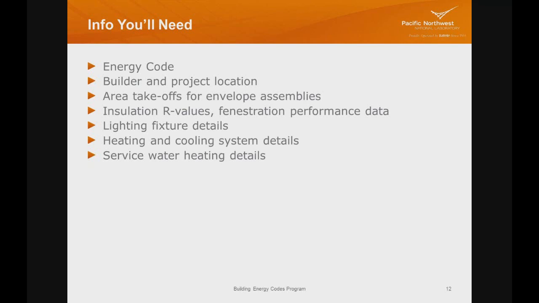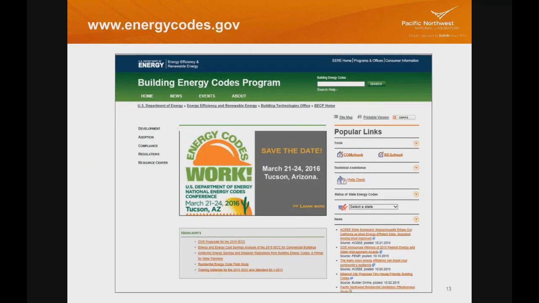Again, this is the envelope boundary assemblies, the boundary that separates your conditioned from unconditioned space. Insulation R values for those assemblies. Fenestration performance data will be needed. Lighting fixture details, including what space types or area types those are applied to. And your HVAC system details and service water heating details will be necessary.